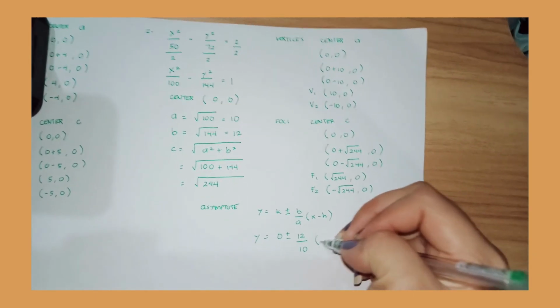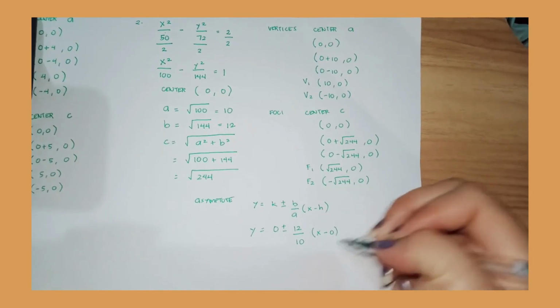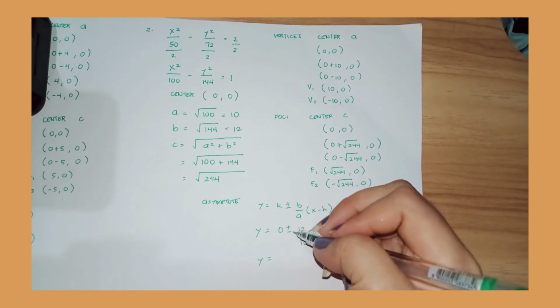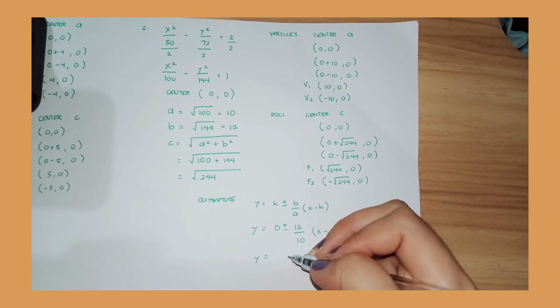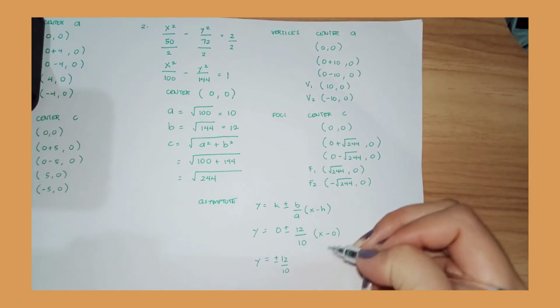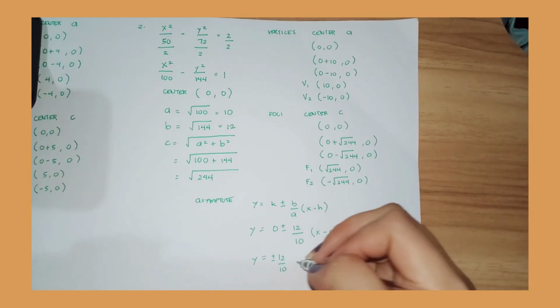Then copy x minus h natin ay 0. Simplify natin, we have y equals 0 plus minus 12 over 10, that is positive negative 12 over 10. Then x minus 0, that is x.